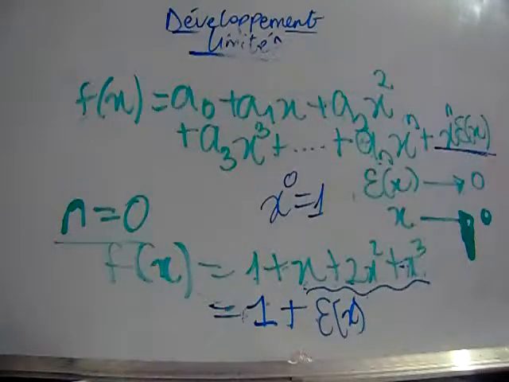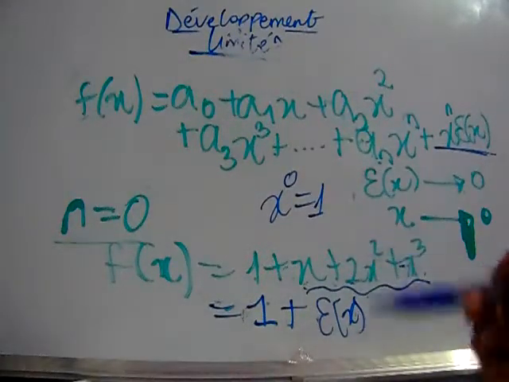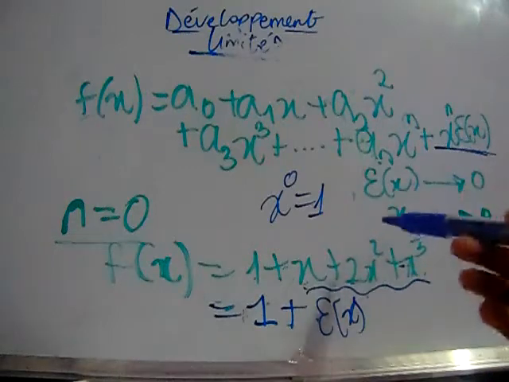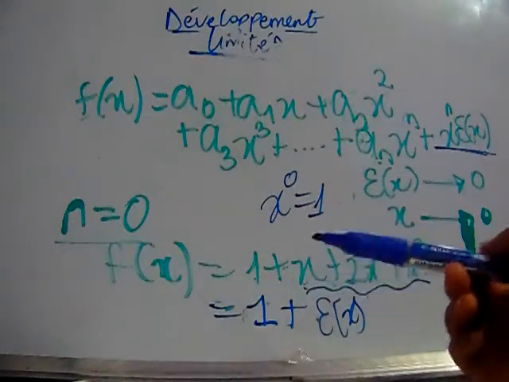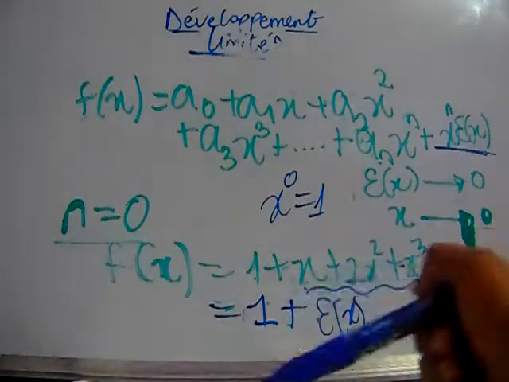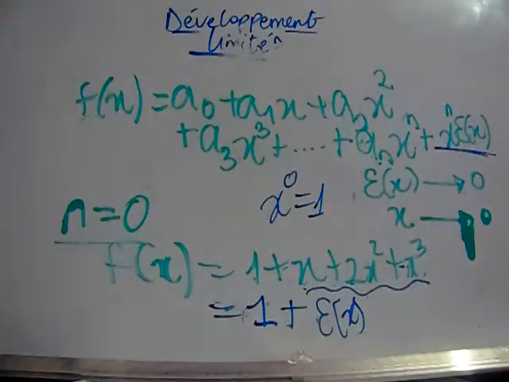Again, another thing to consider is that our epsilon of x has limit equal to 0 when x tends to 0. Remember I said if it's not, then you have to look for a way to make the limit equal to 0.